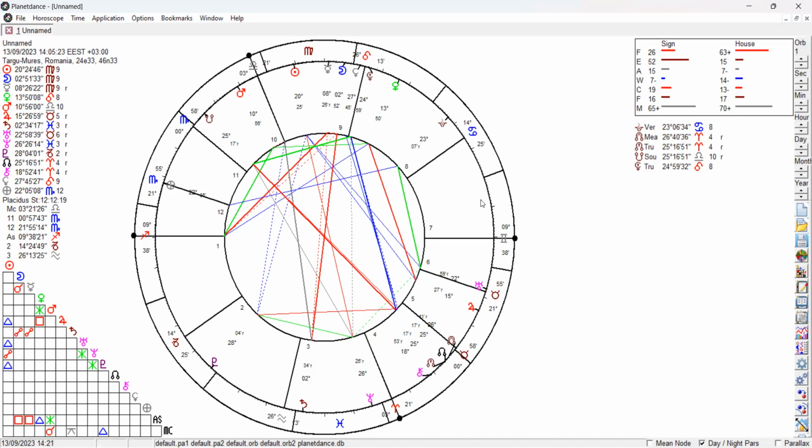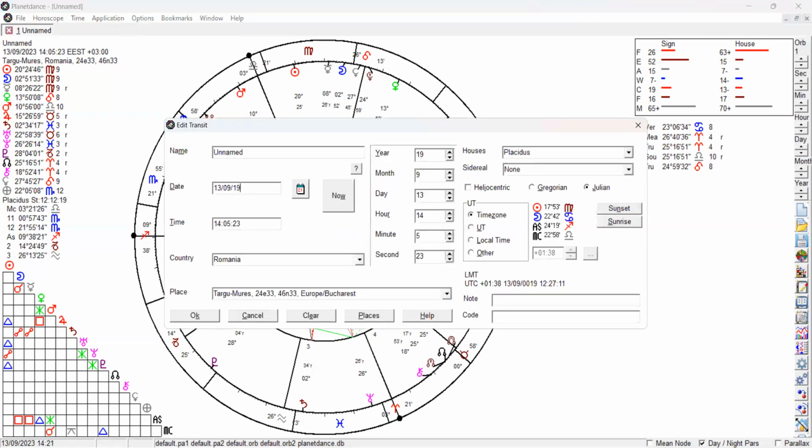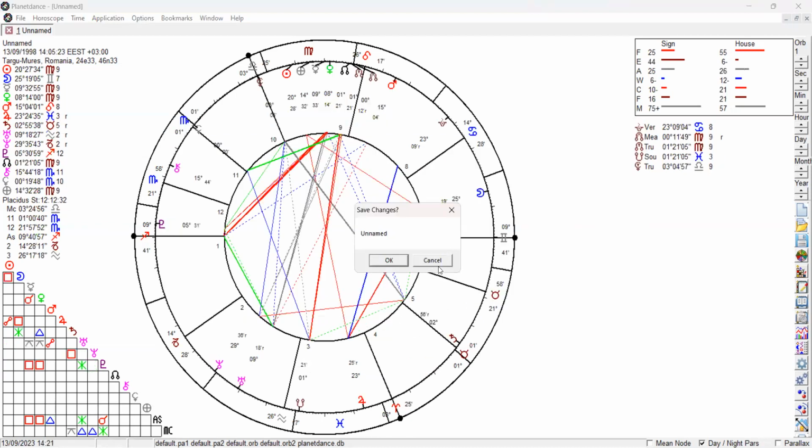And always when looking at your birth chart, look if the transiting planet is conjunct or holding an aspect with a personal planet. In order for you to see this, I have to modify this chart. So I'm going to put another year, 1998, let's say, so that this person's planets will be different.